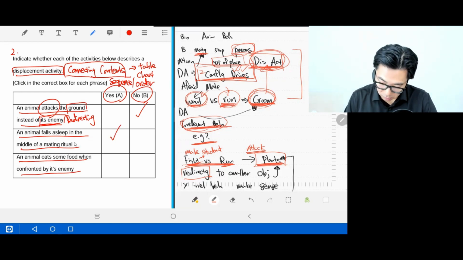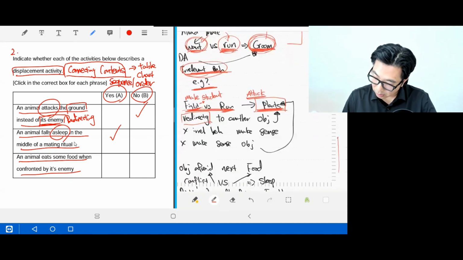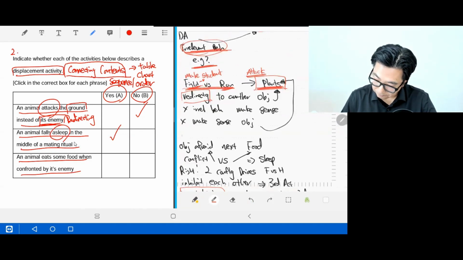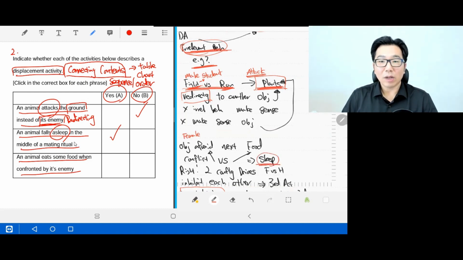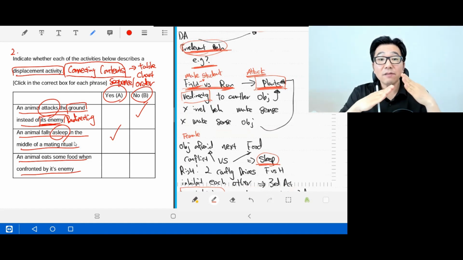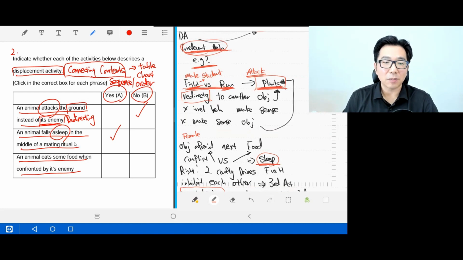In the professor's example, it was grooming. But if you remember the female student's example, it was sleeping, right? So it doesn't matter what the action was, as long as it's a completely irrelevant, inappropriate action, not from the conflicting drives, then it's all displacement activities.